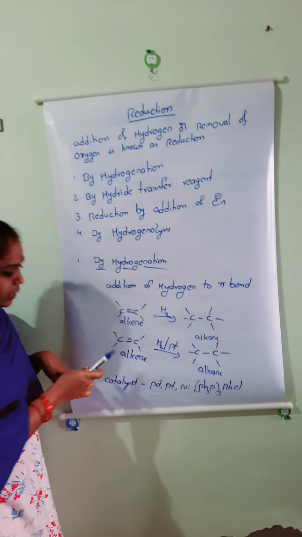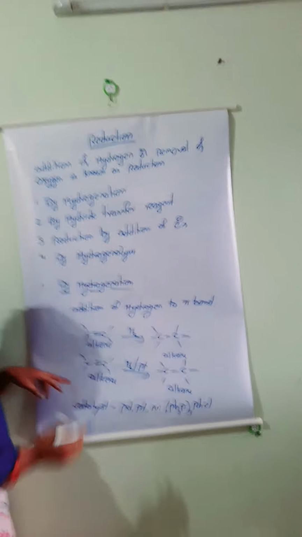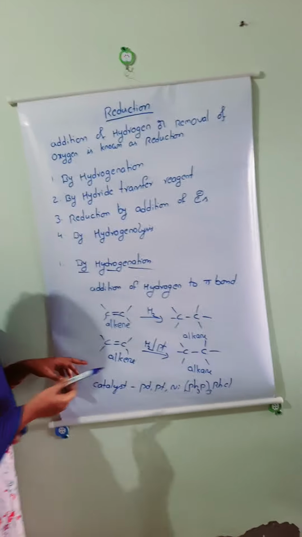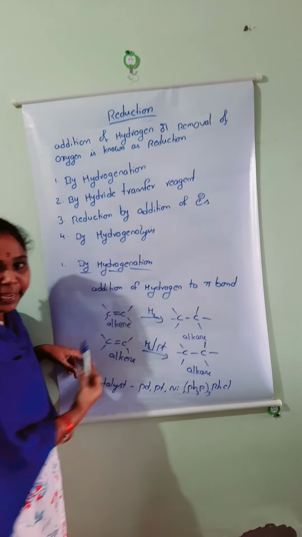If this hydrogenation process takes place in the presence of a catalyst, this is known as catalytic hydrogenation or reduction, and we get the alkane.